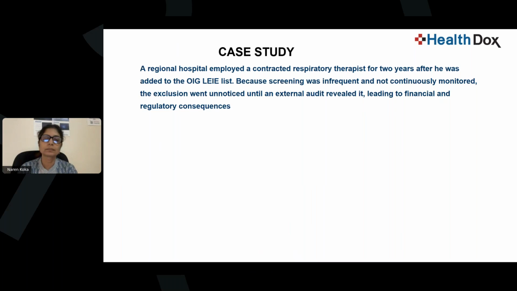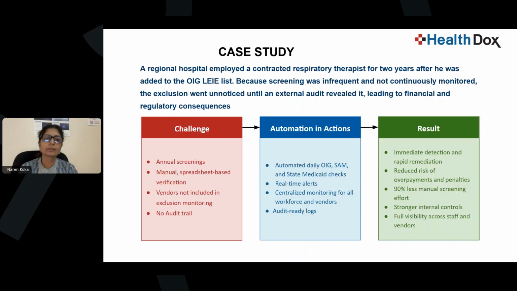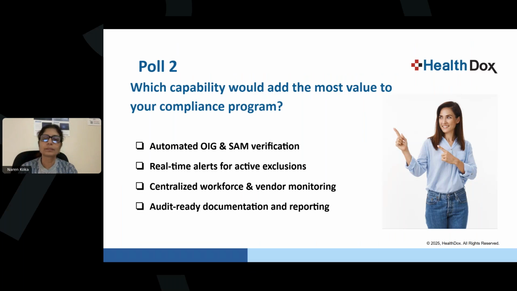I have a quick poll. Since we don't have much time, I will just read through the poll. Which capability would add the most value to your compliance program?